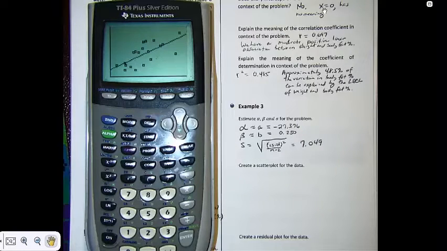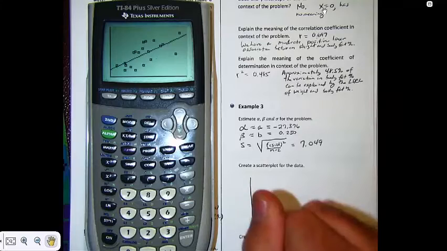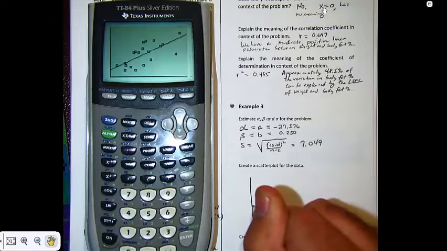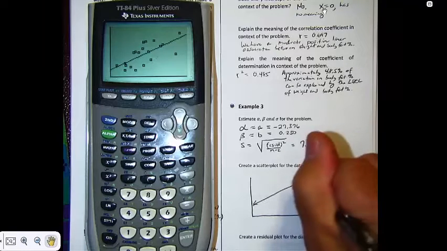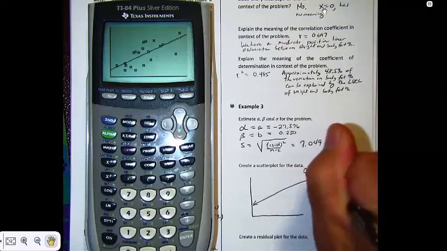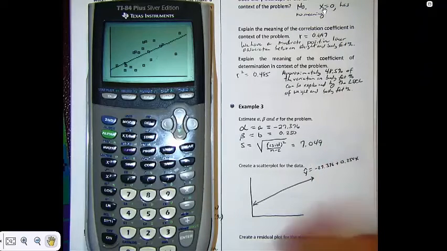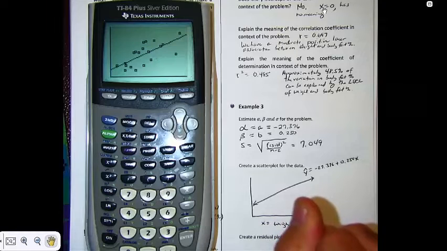Okay, so you may want to make a sketch of that. You can create your axes here and try to estimate what your y-intercept would be, create your least squares regression line, and maybe put your equation here: y hat equals negative 27.376 plus 0.250x. Maybe label your axes here. We're going to let x once again represent weight in pounds, and we're going to let y represent body fat in percent.